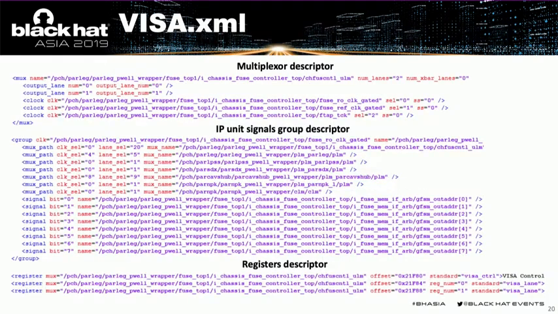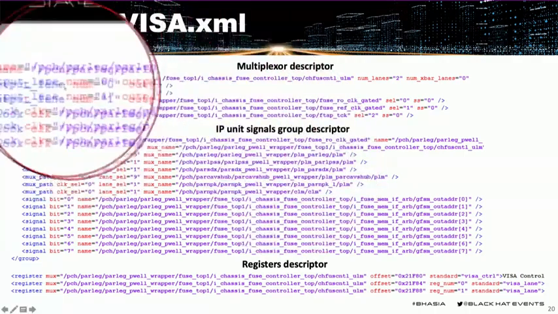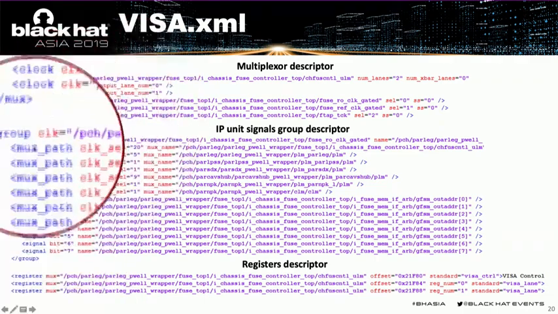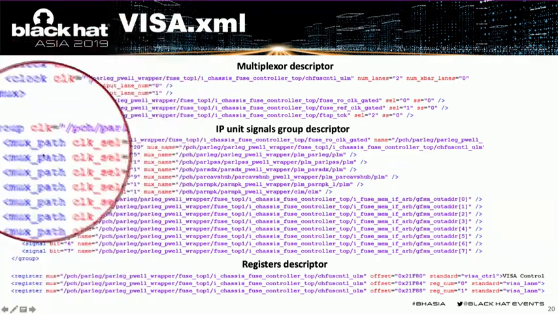I have already mentioned the XML file. It's very important because it describes all of the available multiplexers, their output lanes, and clocks. Also, it describes output groups of hardware signals which are allowed to be traced.